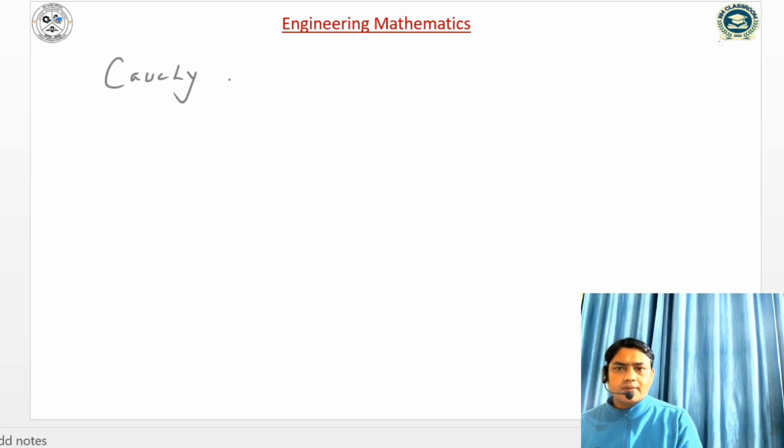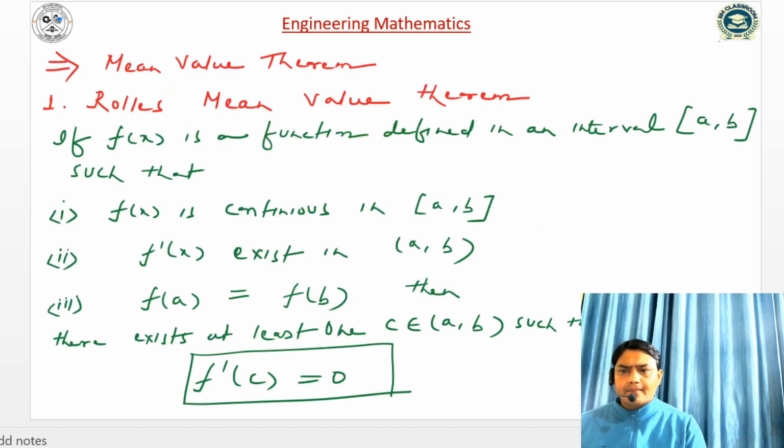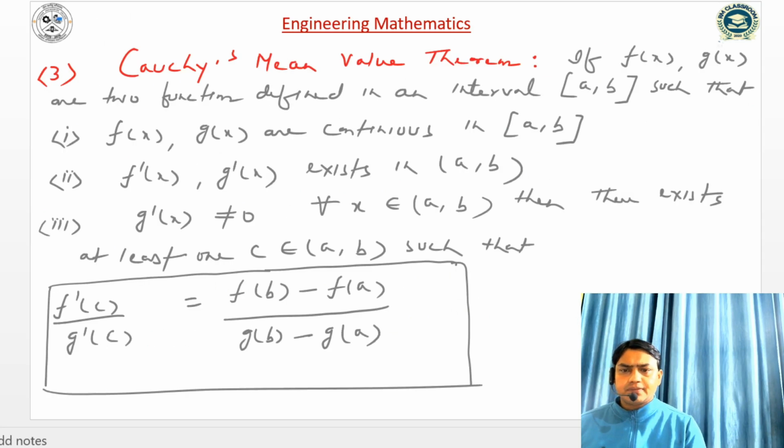Cauchy mean value theorem. And according to Cauchy mean value theorem, we have seen that f'(c) by g'(c) is equal to f(b) minus f(a) divided by g(b) minus g(a).